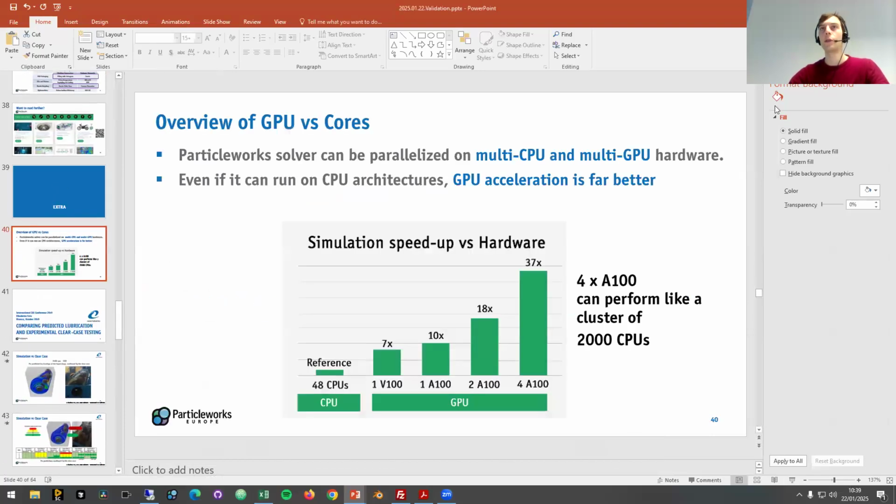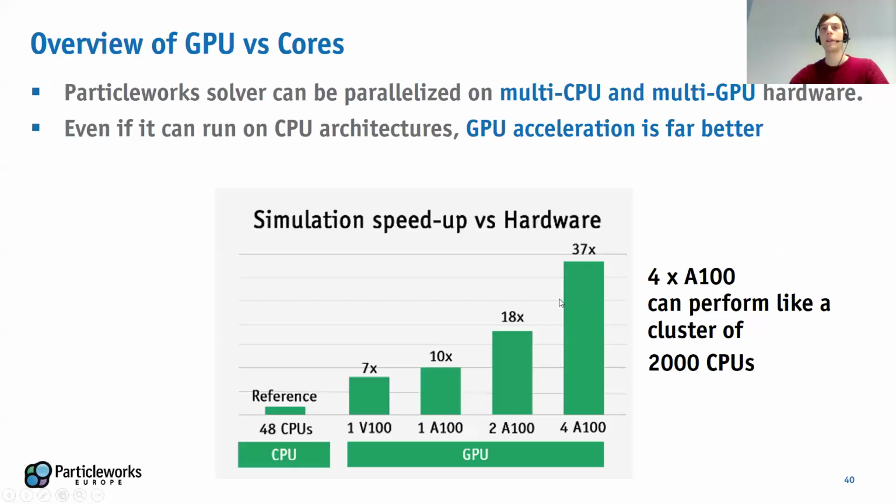I wanted to show also this slide, because I think it's very interesting to see how GPU compute can help in speeding up simulation. Right now, the new versions of graphic cards can compare to a cluster of hundreds of CPUs.